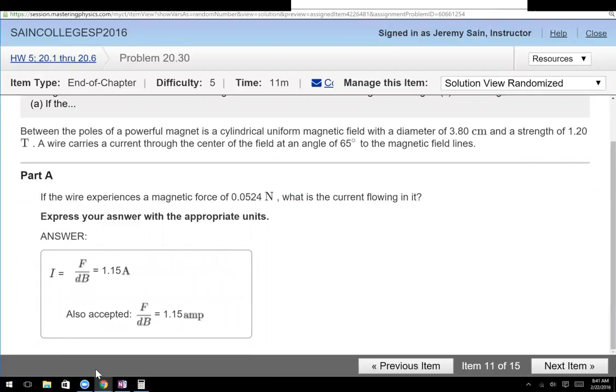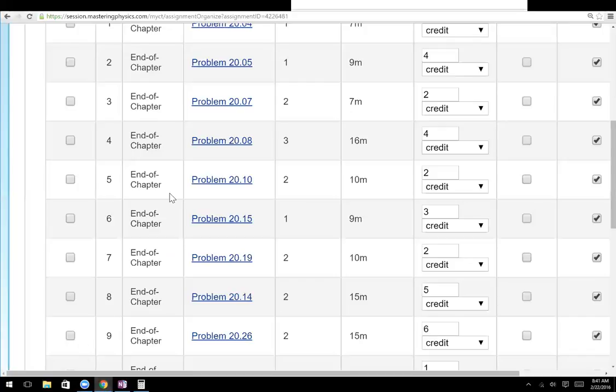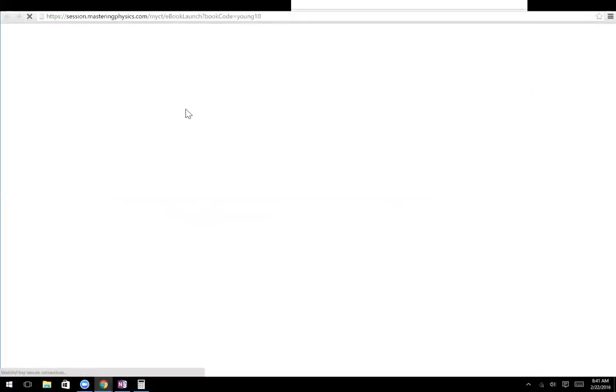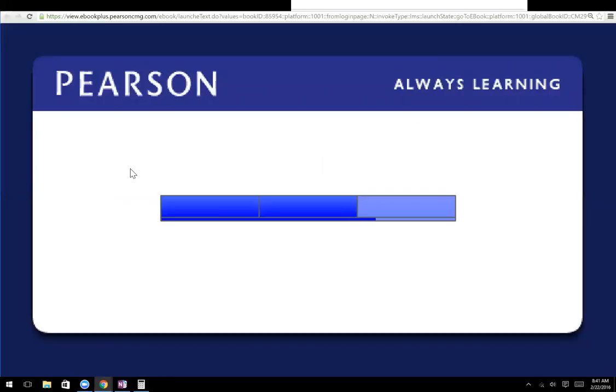Like I said, I'm sure they work this scenario out in the book, and they just want you to use the answer they got there. I'm going to look it up just to double check.